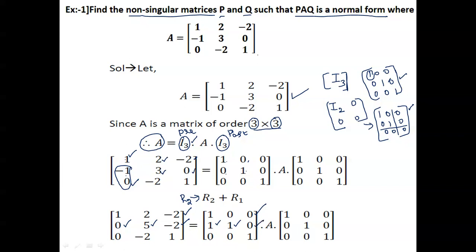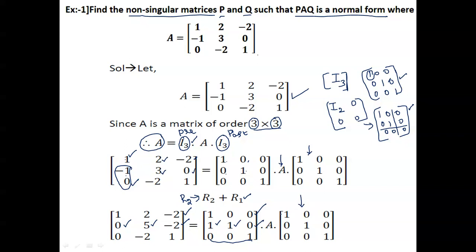The third row continues as is, because we apply the operation only on R2, not on R1 and R3, so the elements in R1 and R3 are not affected. So the row operation is applied on the prefactor of A, and A and the postfactor are also written the same.